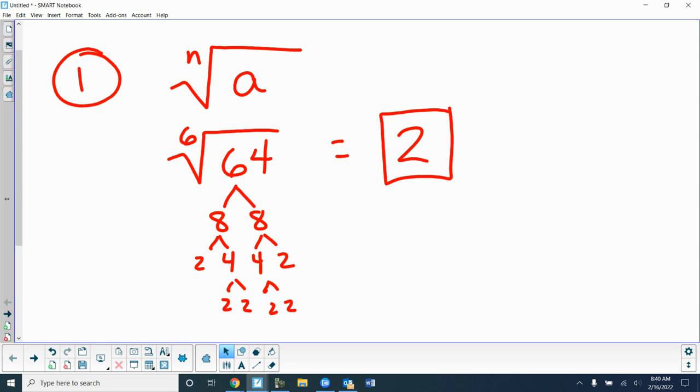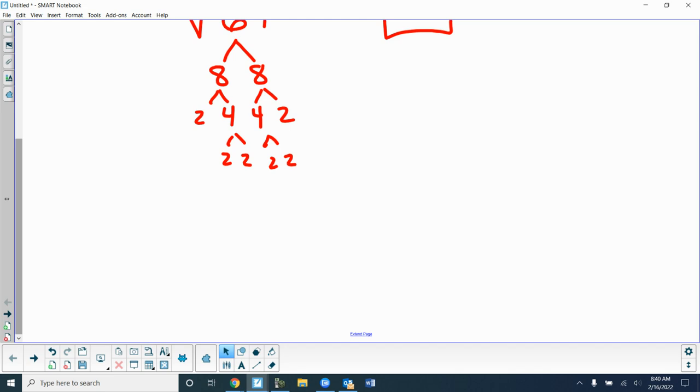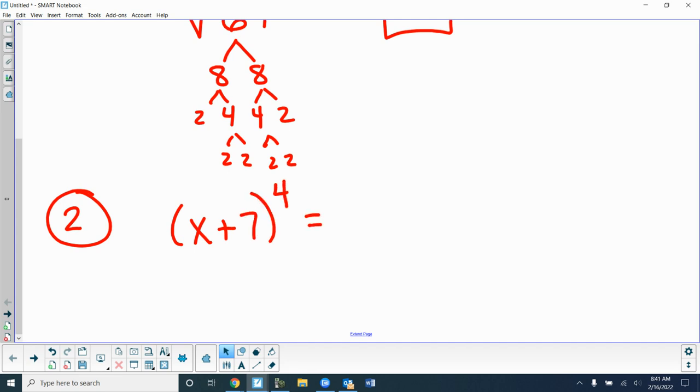All right. Number 2 is an equation we have to solve. So I've got x plus 7 to the 4th power equals 256. So when we do these types of problems, you want to get the part that's raised to the power alone, which is already done, right?